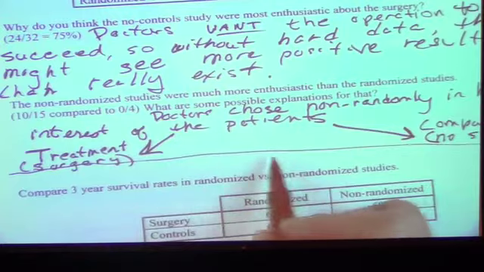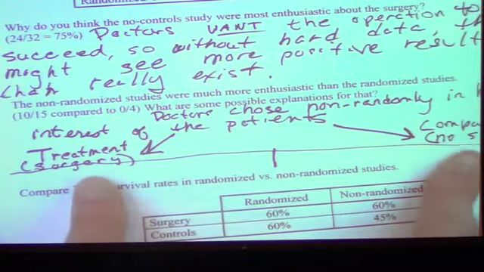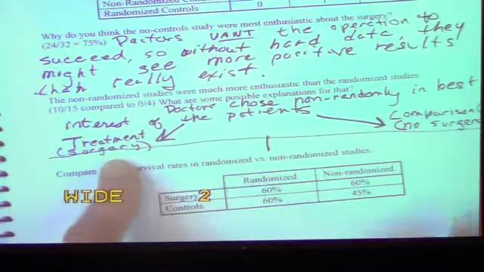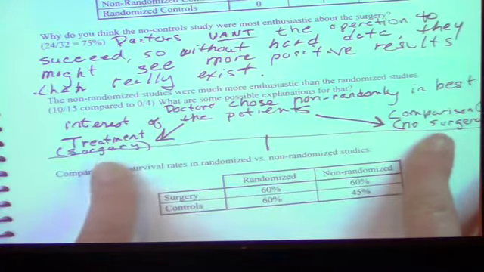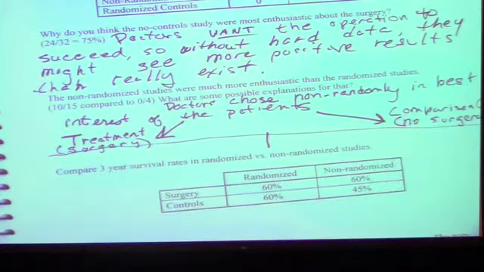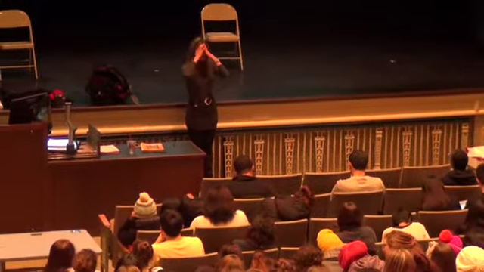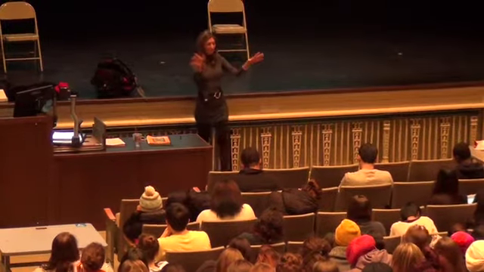Now, the problem is, are there differences between these two groups? They weren't randomly chosen. If they were randomly chosen, these groups would be exactly alike. Let's just think about it for a minute. Let's say this is what I'm about to do, and then another doctor comes in and says, you've already split people up like this.